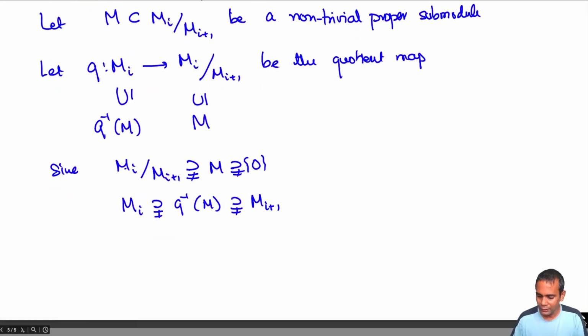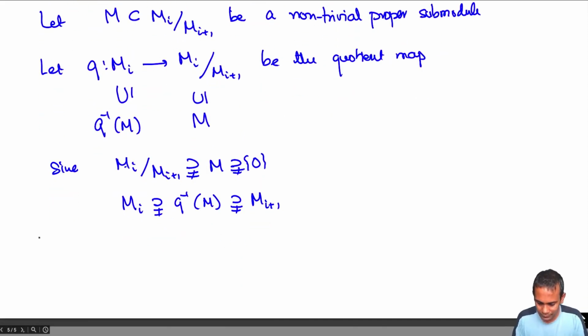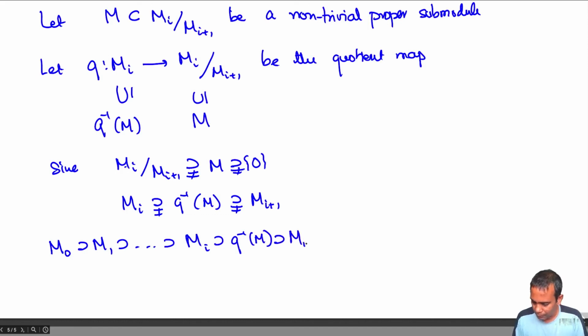So now you can write down a strict refinement, which is M0 contains M1 contains and then you take Mi, and then you insert this new term Q inverse M in between, and then Mi plus 1 up to Mn is a strict refinement.